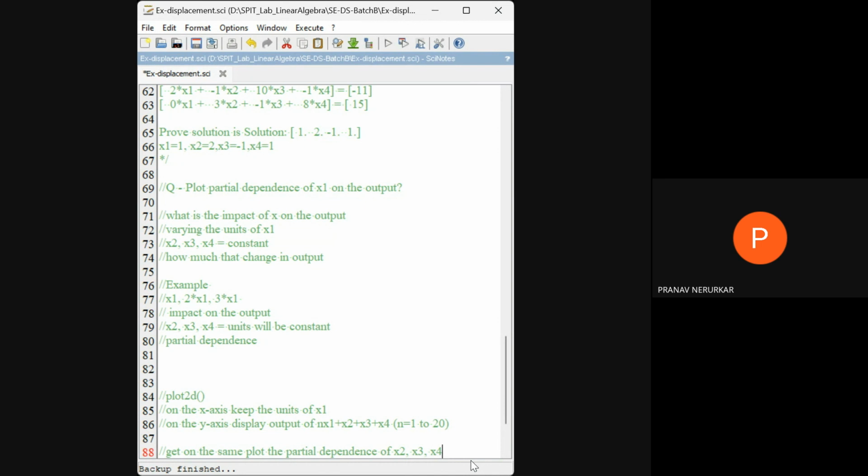Okay, any questions this side? You have understood what partial dependence plotting is? If you have any questions, don't hesitate to ask. Is the question clear?